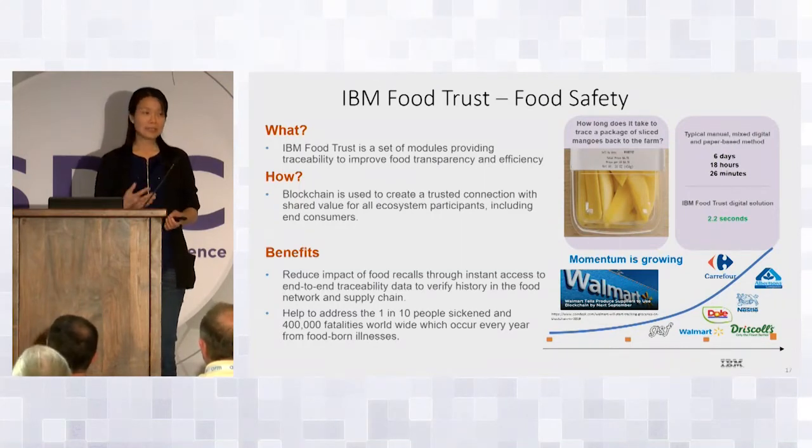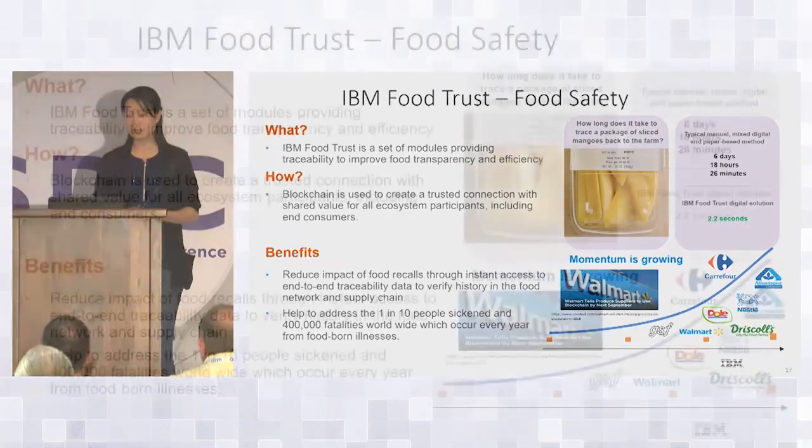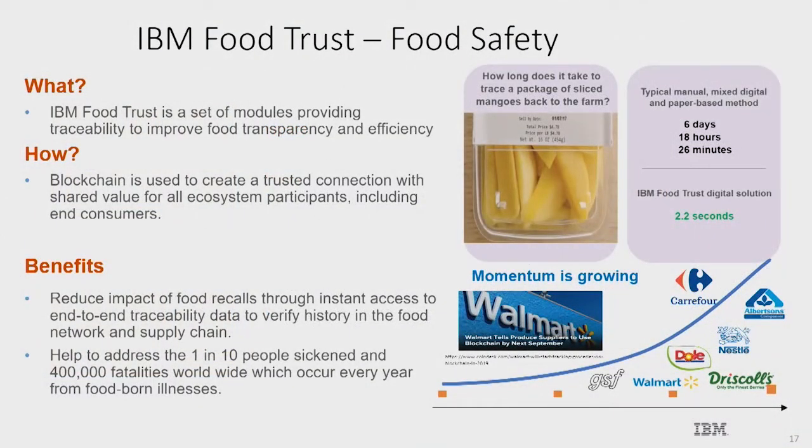So this is another good example of a successful blockchain use case. It takes time, but we're getting there, and the momentum is growing. Many companies have also joined since then. So that's another good one that I wanted to mention.